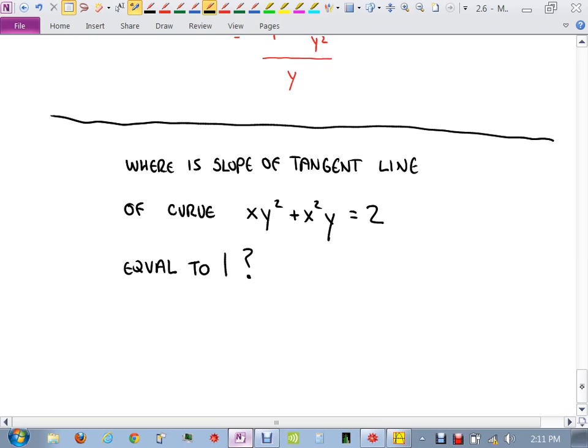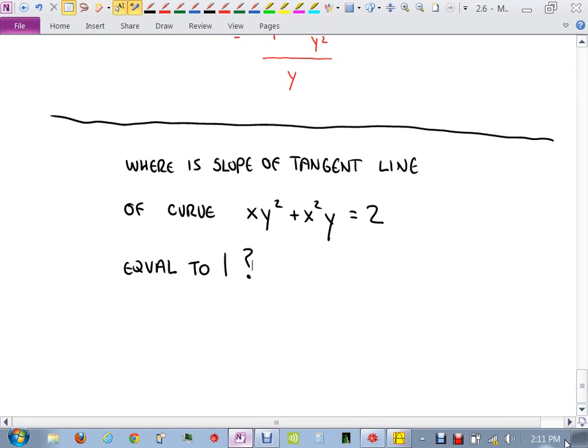So someone in layman's terms tell me what this is asking. Like if you're trying to explain this to someone. Where's the slope 1, right? This curve, we draw it, right? Where on that curve is the slope 1? Yeah, where's the derivative? So where's that tangent line 1?